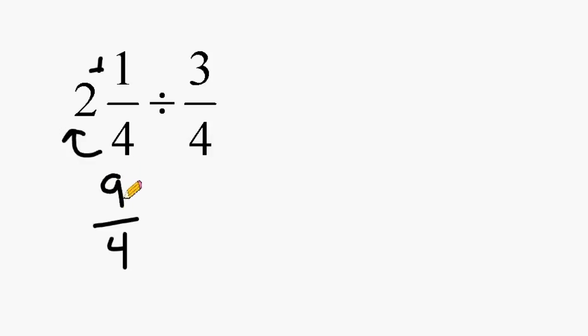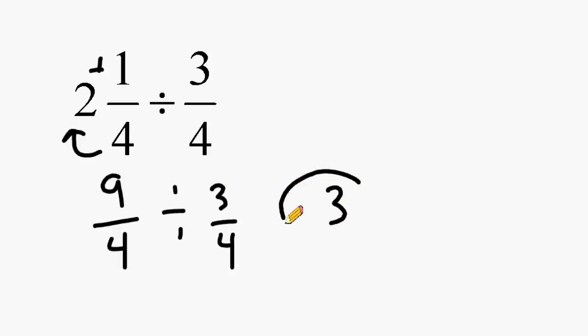So now we have the problem expressed as 9/4 divided by 3/4. And 9 divided by 3 is equal to 3. So because the denominators were already common, we were able to quickly get our answer.